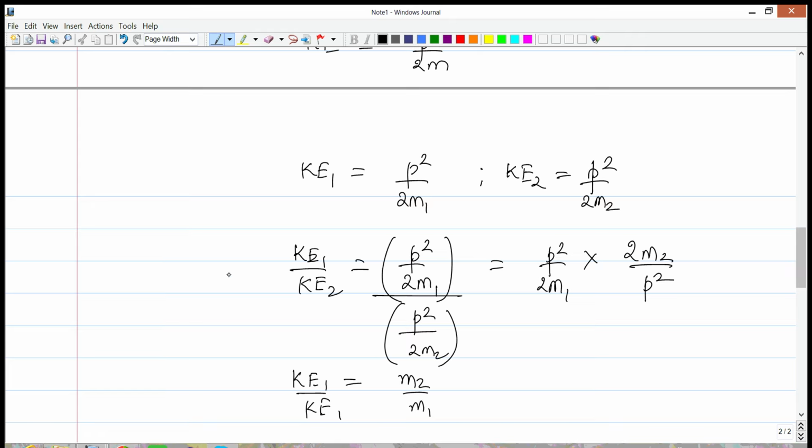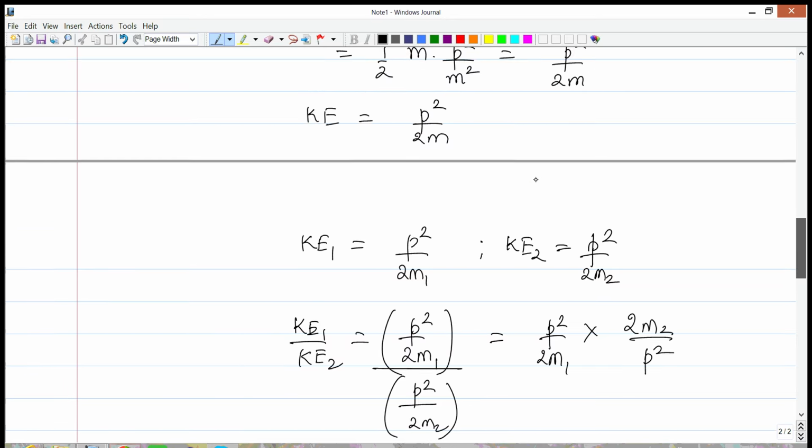The kinetic energy of the second block was 1,000 times larger than the kinetic energy of the first block, and that was precisely because its mass was 100 times less than the first block.